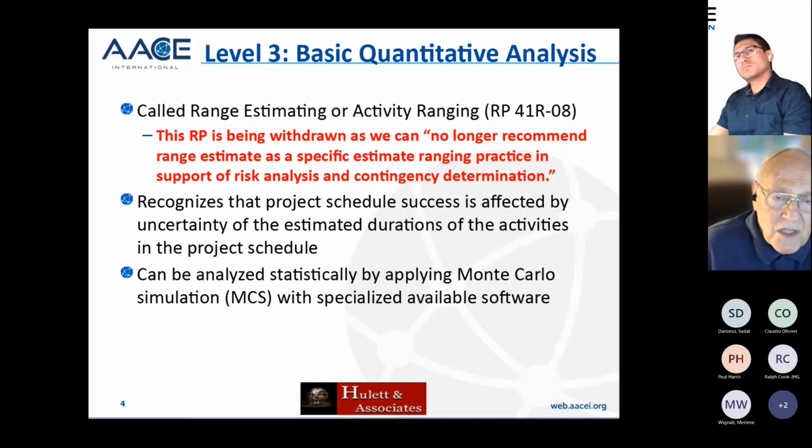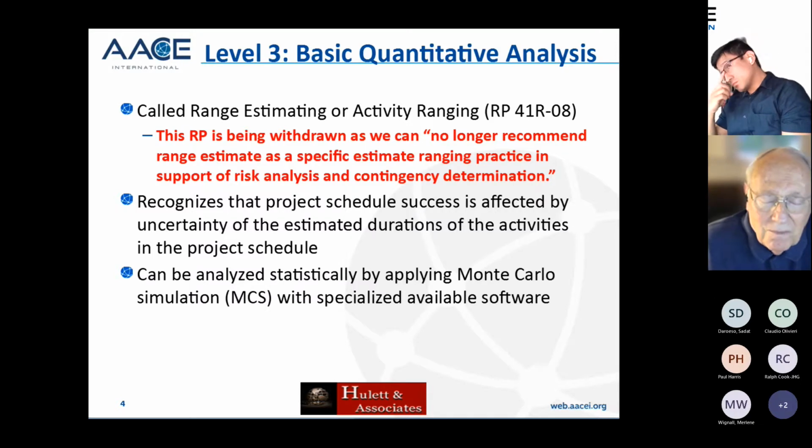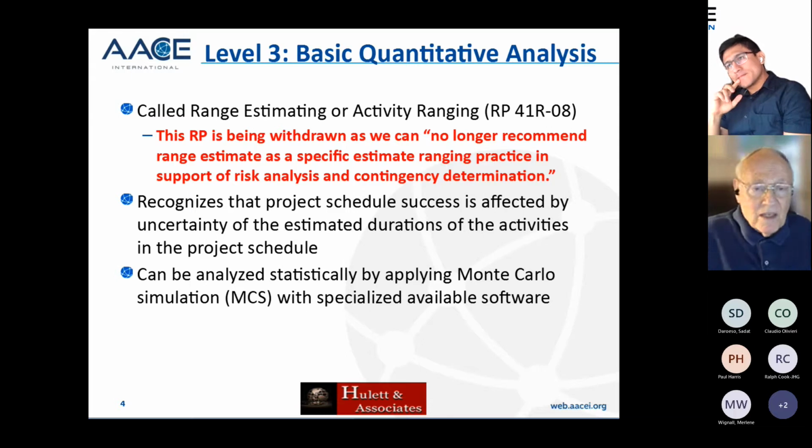Well, I already had this presentation done, and basically I'm going to tell you about my views on level 3. I'm one of the contributors to this new recommended practice, so I'm very much in sympathy and in sync with that particular approach.